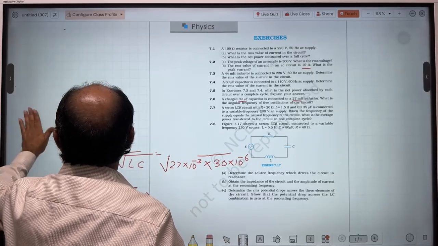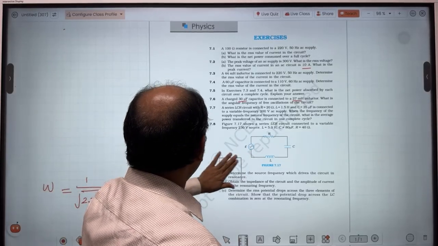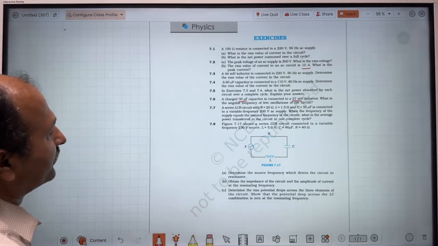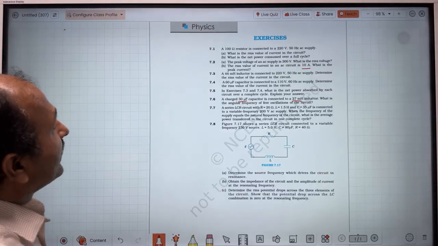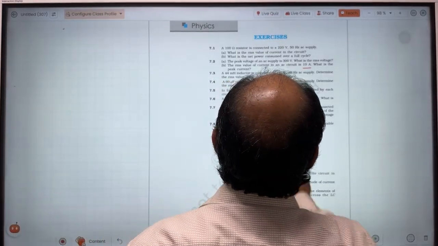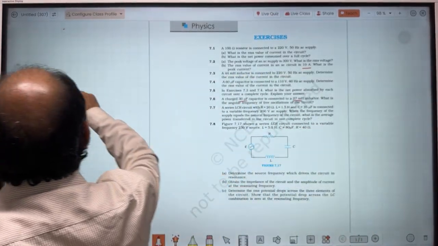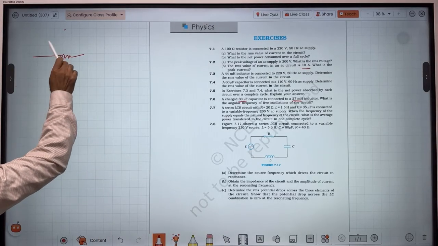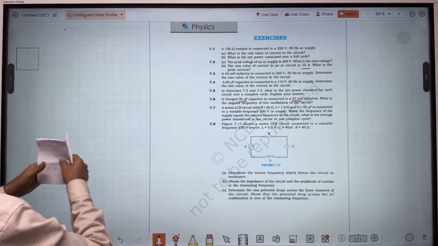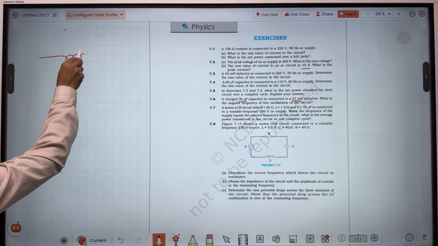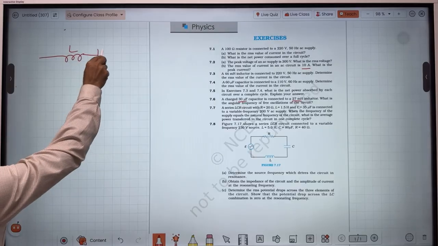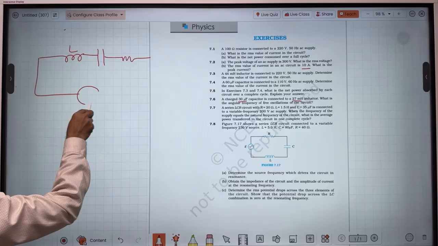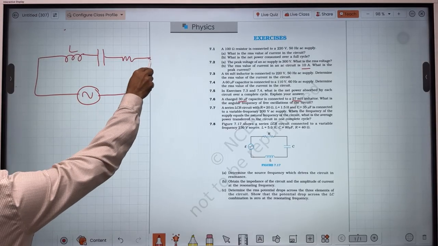Next question says, a series LCR circuit with R equal to 20 ohm. Let's draw the circuit. The circuit is LCR, so let's write them in order. Here this is inductor L, then there is capacitor, and then there is a resistor, and then there is an AC source.